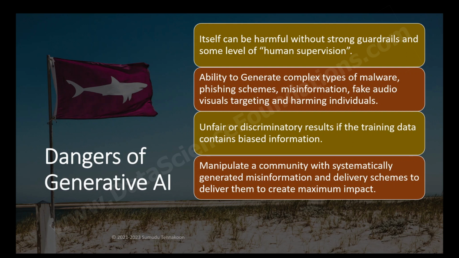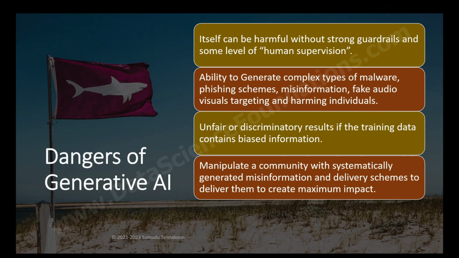With a human touch, when you go to the community with large-scale generated content, such as blog posts generated by AI, with a targeted intention, you may divert the thought process of a community in a different direction systematically. That could be one danger.